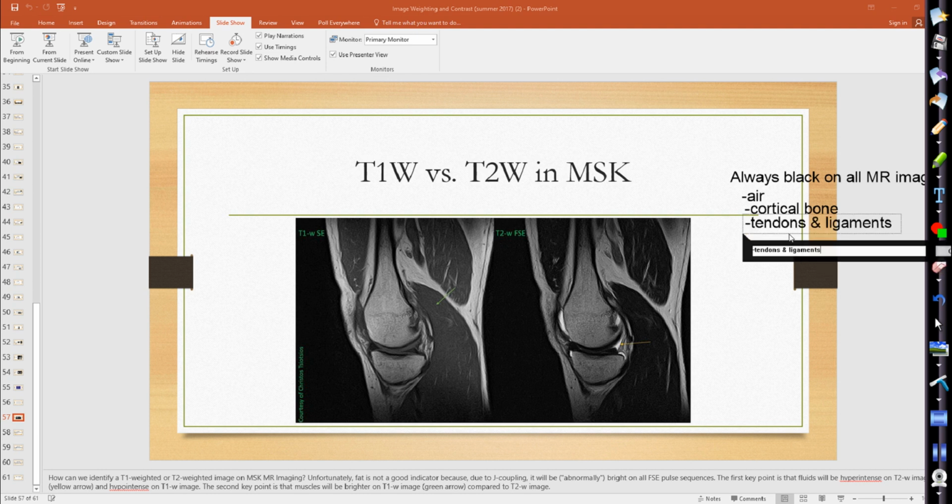I'll say that with an exception, because if there's some kind of issue with those tendons or ligaments, like if it's ruptured, strained, or torn in some way, then you're going to get signal intensity, because now edema has gone into that area. It's the same with the menisci. Those are typically dark structures on all MR images, but if you have a tear within the meniscus, it's going to appear as a bright signal spot.